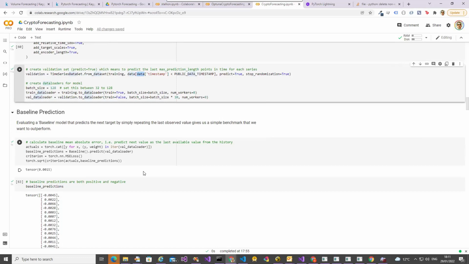I hadn't submitted it yet, but I had reduced it down to using 2 hours of data, which would mean 120 minutes of data to predict 1 hour, which is 60 minutes.